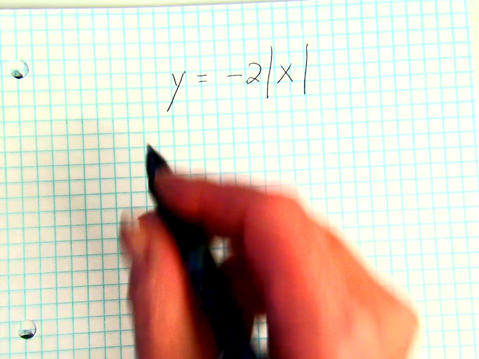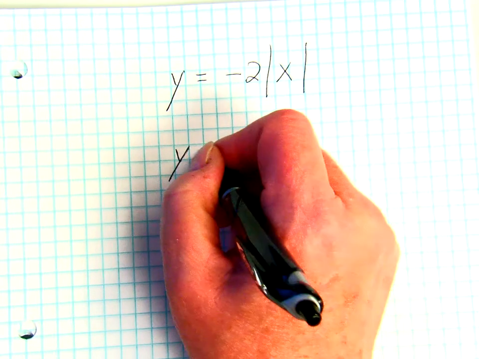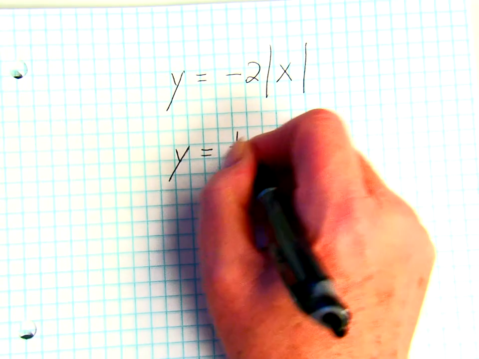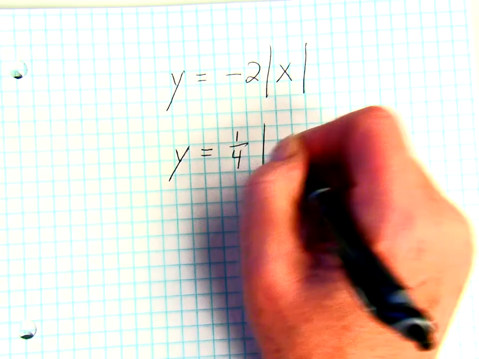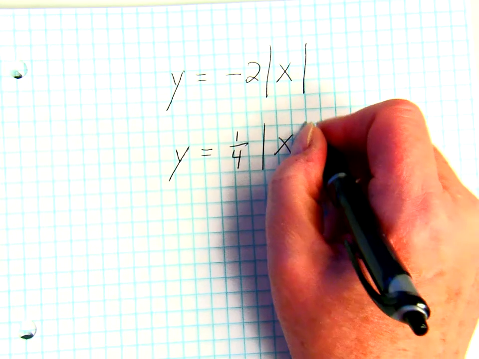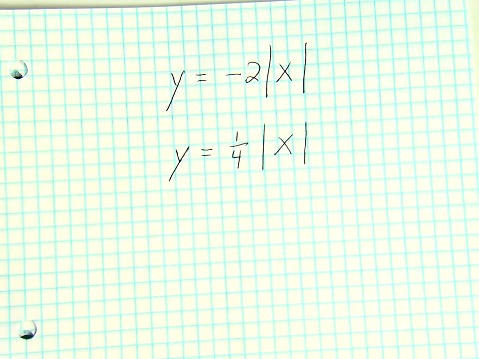I want you to think about y equals, let's say, 1/4 times the absolute value of x. What happens when we bring in a multiplier? So I want you to be thinking about that. Make some charts. See what you think is going to happen. And then we will talk about that a little bit more tomorrow.